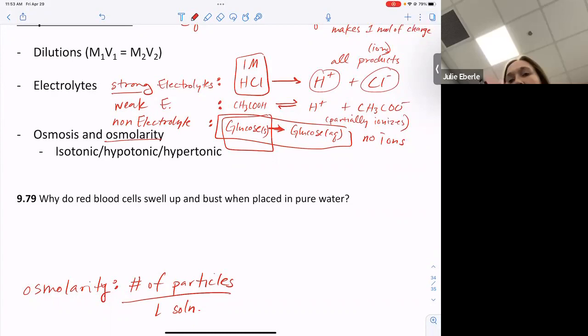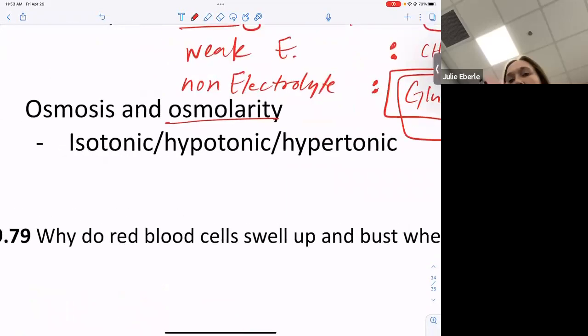All right, then we defined isotonic, hypotonic, and hypertonic. Isotonic is solutions that have the same osmolarity. Hypotonic means lower osmolarity. Hypertonic means higher.